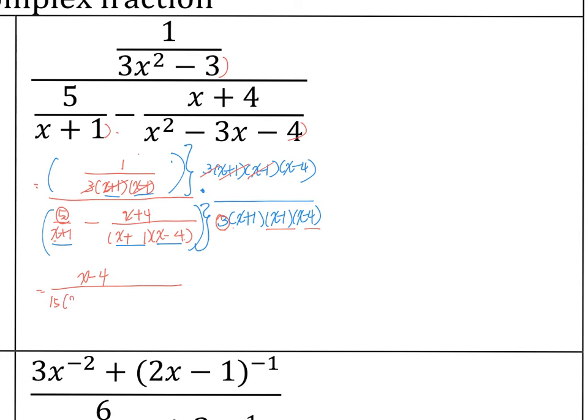And I'm going to write x minus 1, x minus 4. And in this one, I can cancel out x plus 1, x minus 4. And I'm left with minus 3 times x minus 1, x plus 4.